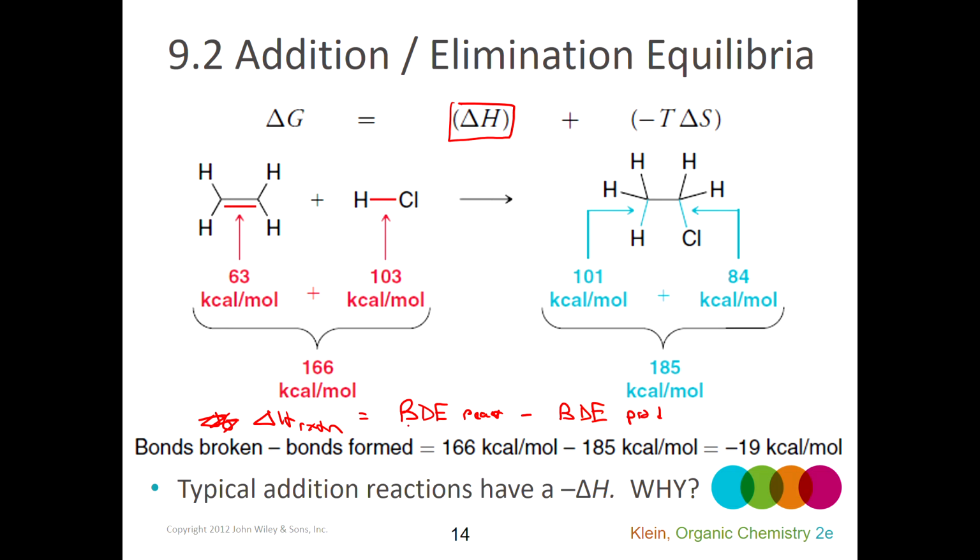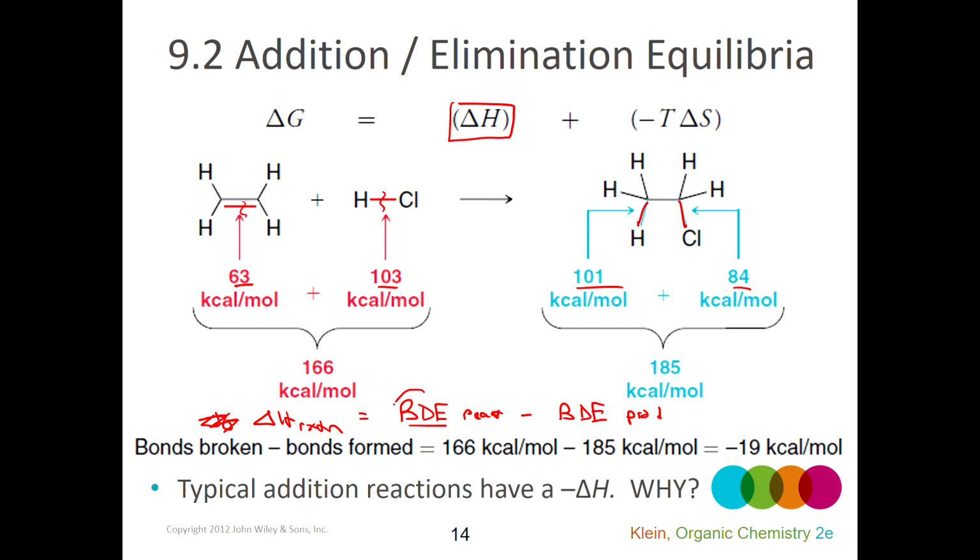Because bond dissociation energy is how much energy I have to put in to break a bond. So to do this reaction in the forward direction as it's shown, I have to break a pi bond, I have to break the sigma bond, and then I get to form two new sigma bonds.